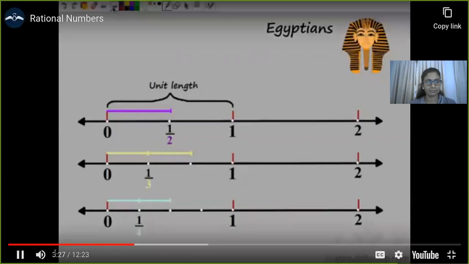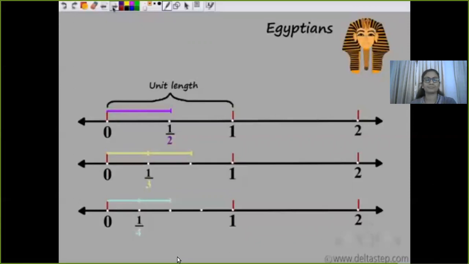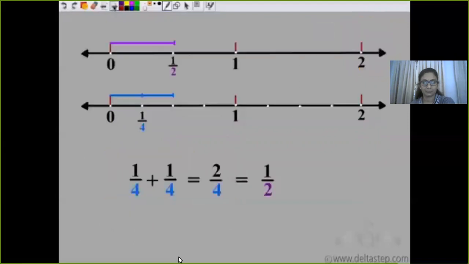Similarly, what they see is that if they add 1 by 4 two times, 1 and 2, then they see that they get the same length as half. And similarly, if they add one more 1 by 4, then that number would actually be more than half and less than 1. So what they observed was that 1 by 4 added 2 times was same as half.